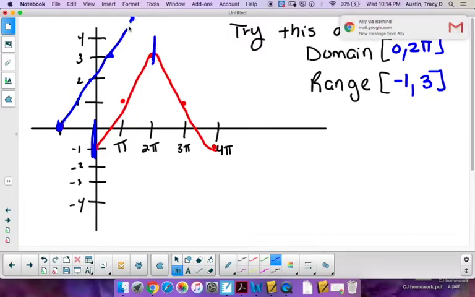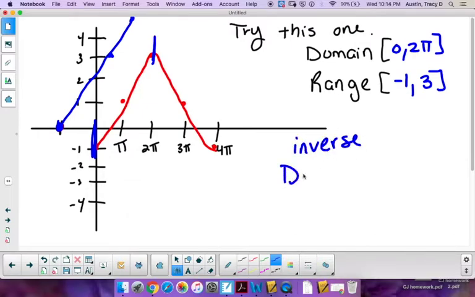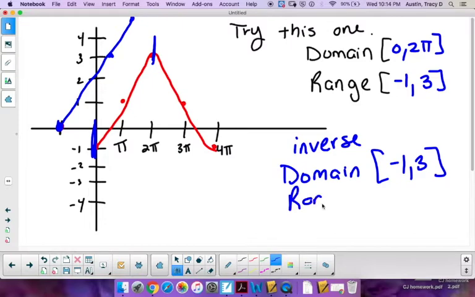Okay, and that is my inverse function. So for the inverse, right, the domain is going to go from -1 to 3, and the range, because of where we chose to stop it, is going to go from 0 to 2 pi. And that's what the inverse would look like.